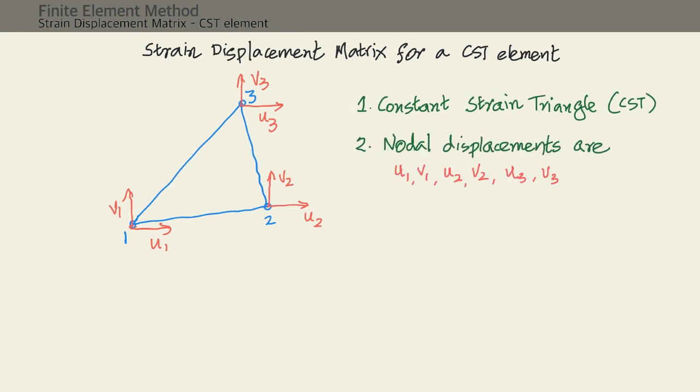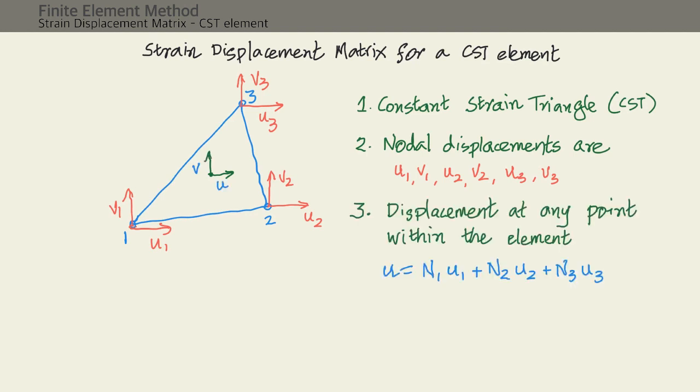The displacement at any point within the element can be represented with u and v components, and we know that u is equal to n1 u1 plus n2 u2 plus n3 u3. u1, u2 and u3 are the nodal values of displacements, and n1, n2 and n3 are shape functions.